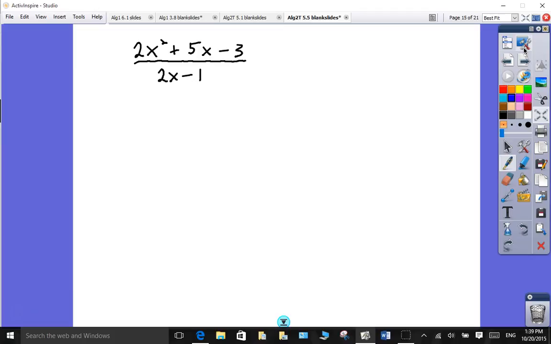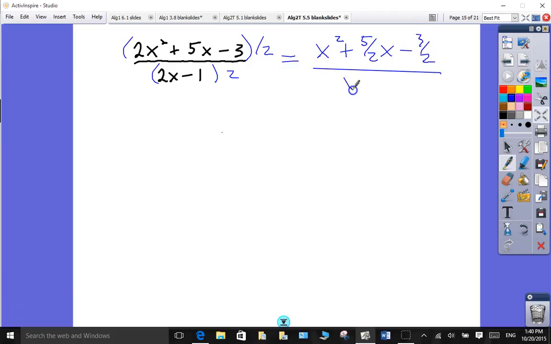You may say, well, I think I'll just do long division. Yeah, and long division will work just like it is. But you could have done this: divide by 2, divide by 2. And now we have x squared plus 5 halves x minus 3 halves divided by x minus 1 half.